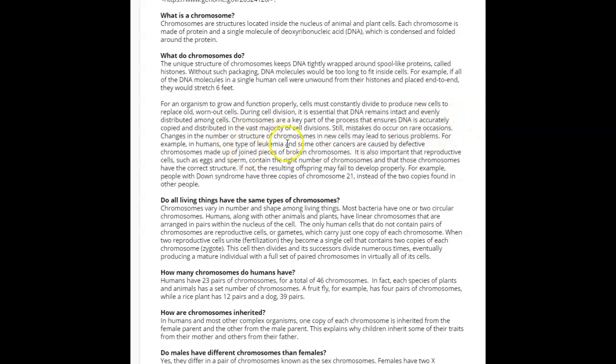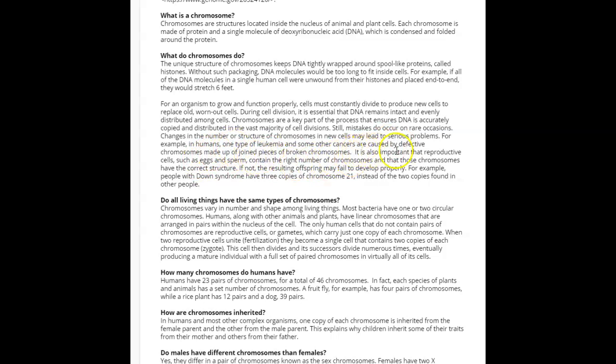Changes in the number or structure of chromosomes in the new cells may lead to serious problems. For example, in humans, one type of leukemia and some other cancers are caused by defective chromosomes made up of joined pieces of broken chromosomes.